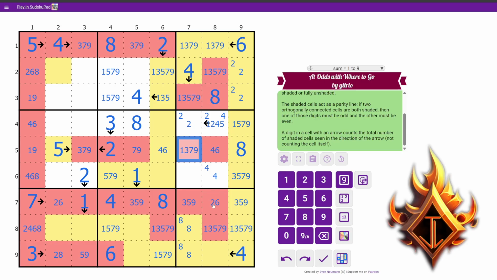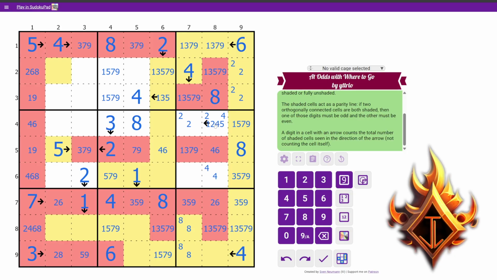And I have 3 of the evens in that column. This, it could still be 2. 2, 6, 4, possibly.